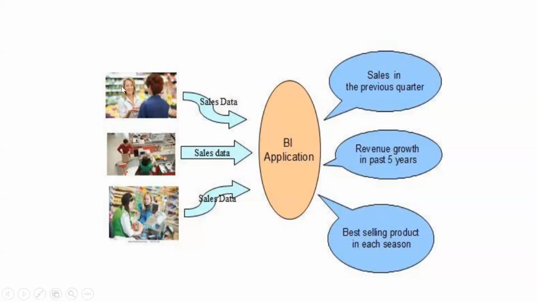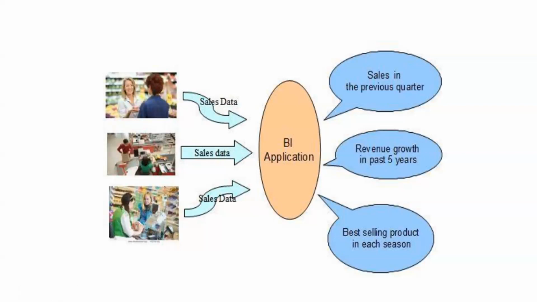I am collecting all the data from each of the outlets, and suppose there are three outlets where my products are sold. Here you can see the sales data being collected in a single place, the BI application, from the source systems. What things are we collecting from the source system?